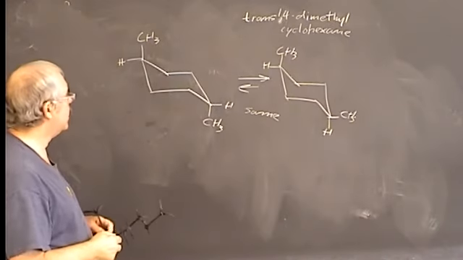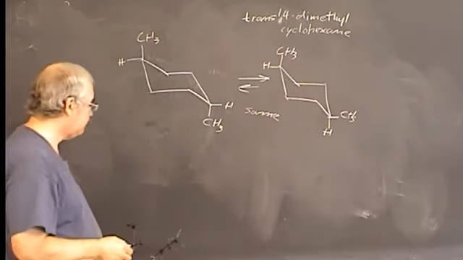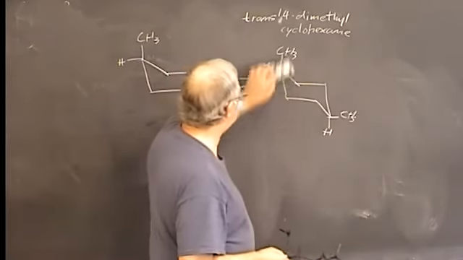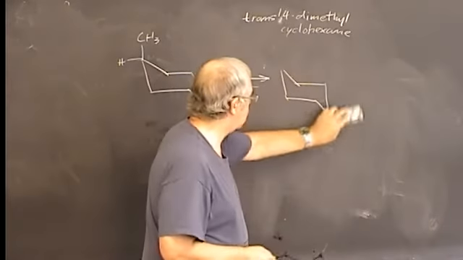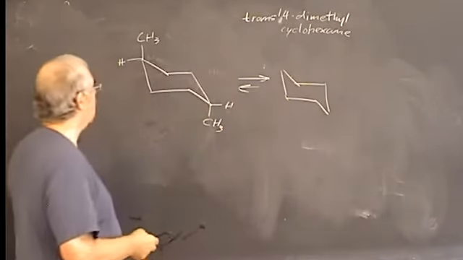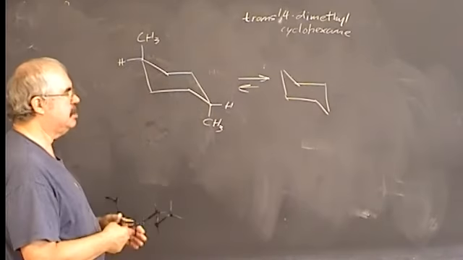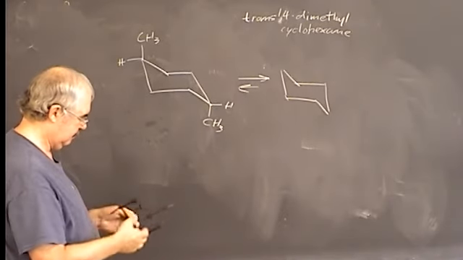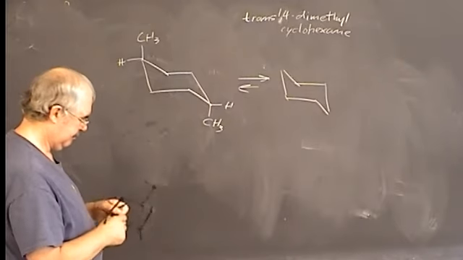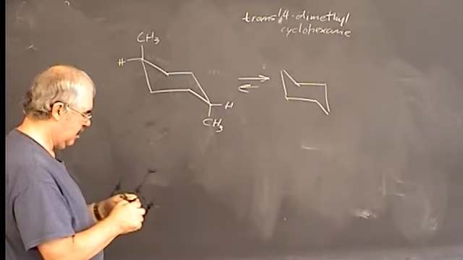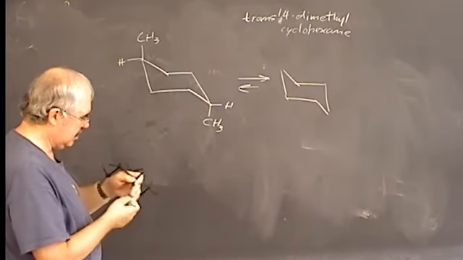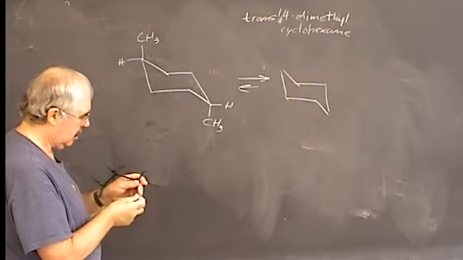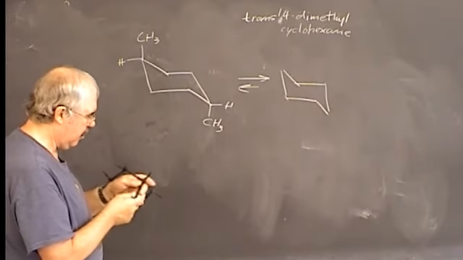Right, so this is the trans 1,4. And in this conformation, both of the methyls are axial. Right, so to make trans from the cis, we've got to break and reform a bond.